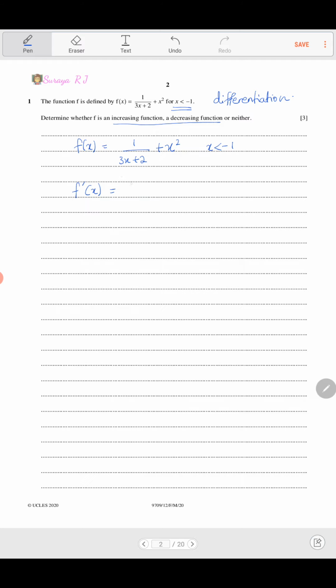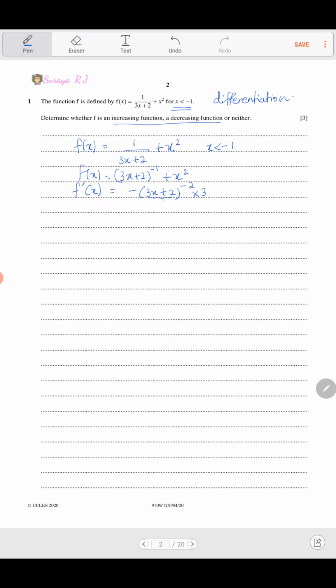So, when we differentiate, we obtain, first of all, we write f(x) as (3x plus 2) power minus 1, plus x squared. Then we differentiate. When we differentiate, we obtain minus (3x plus 2) power minus 2 times 3.